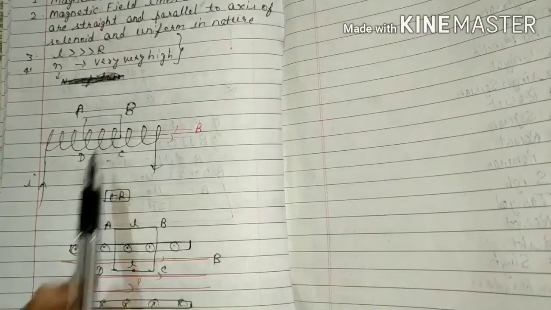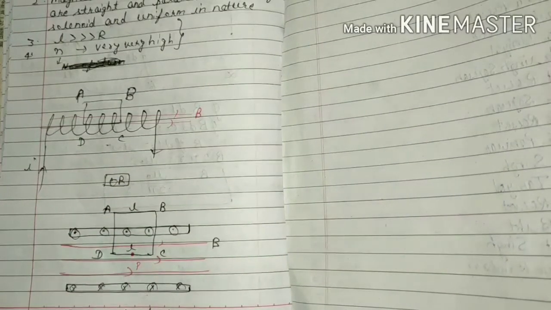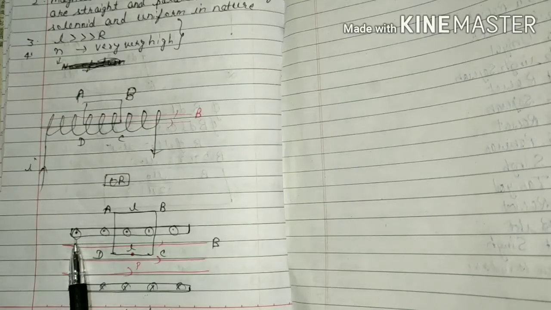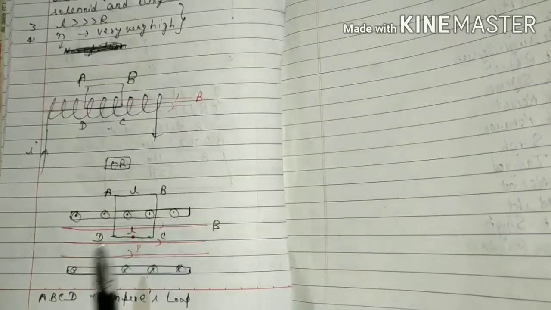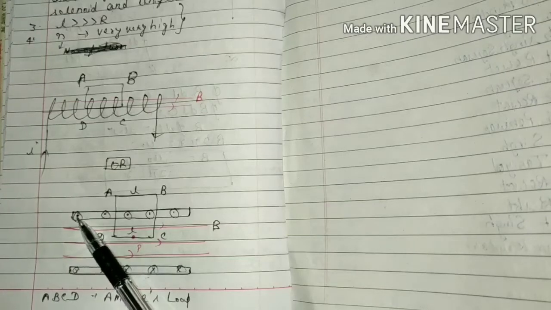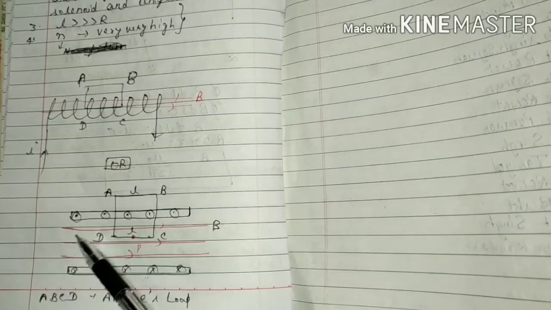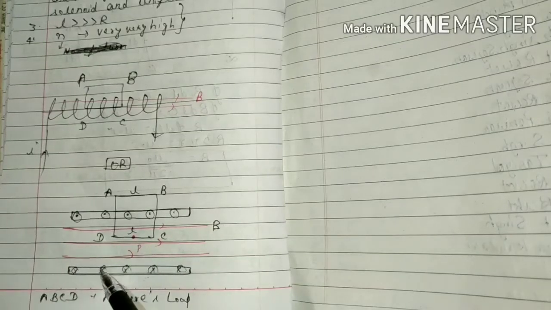We can draw the figure like this. Dot means current is outward, and cross means current is inward. So here current comes from here and goes there, and comes from here and goes inside there.